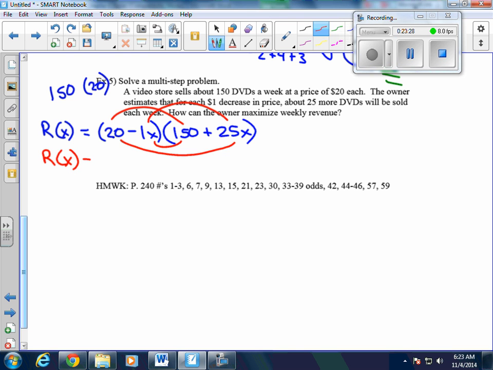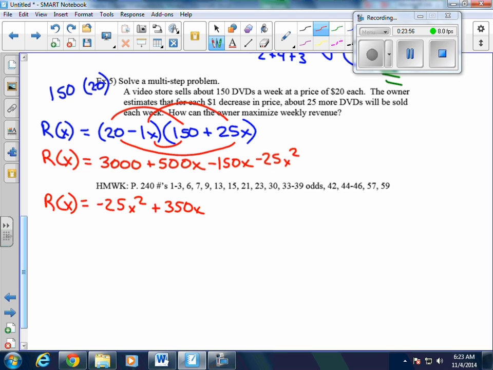So R of x is going to equal, first will give us 3,000, outsides is 500x, the insides give us negative 150x, and the last one's negative 25x squared. So if we rewrite this in standard form, negative 25x squared plus 350x plus 3,000.